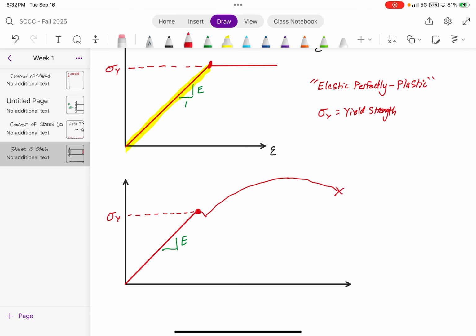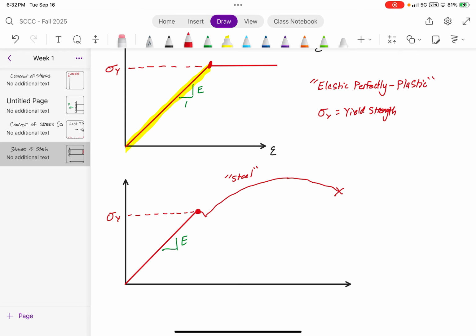Some materials will be able to carry additional load because of a process known as yielding, which means that deformations will still continue to develop in a nonlinear pattern. And what happens is then they can develop a little bit more strength in order to carry more load. One such material that exhibits this is steel.